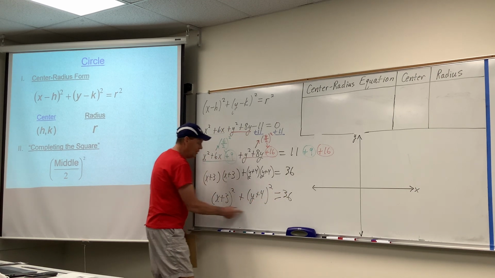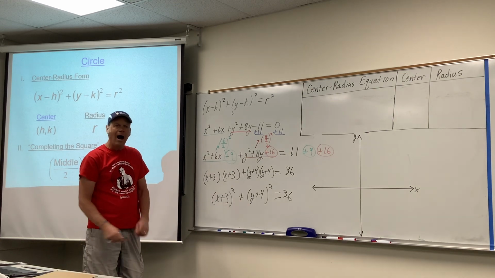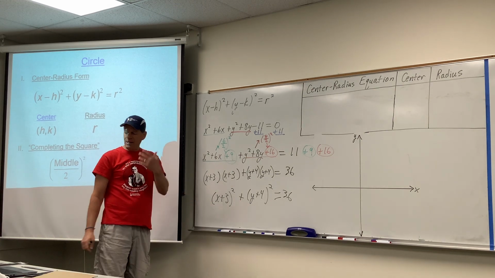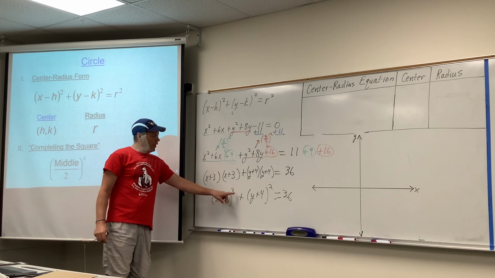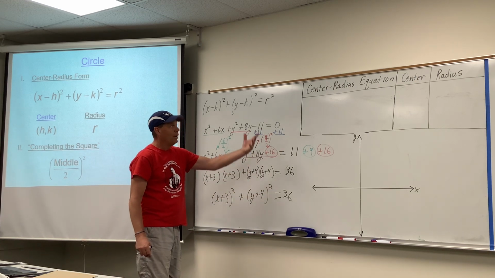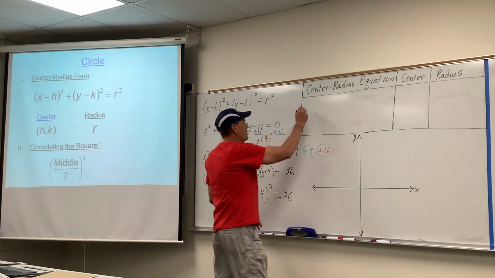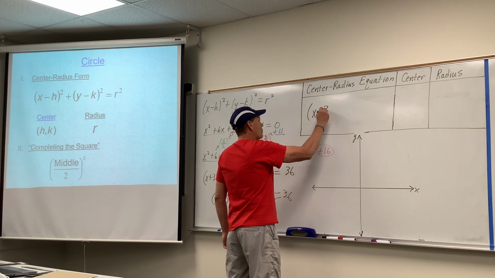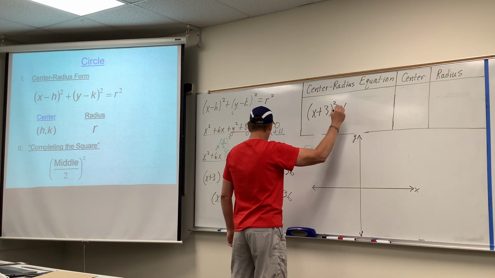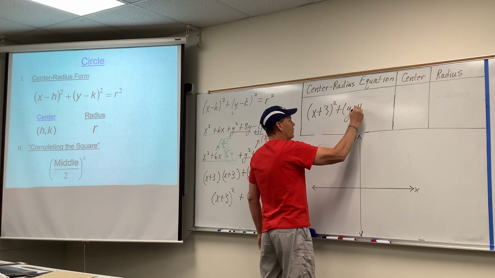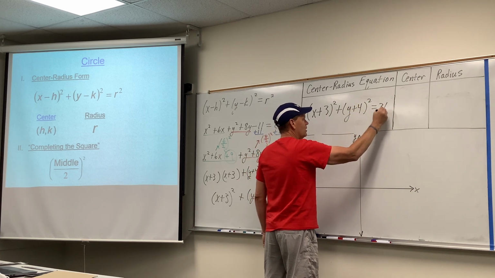And if you notice, you look at this new equation and you go, wow, this looks like a center radius equation. Quantity squared plus quantity squared equals number. That would be an example of a center radius equation. (x plus 3) squared plus (y plus 4) squared equals 36. Boom.